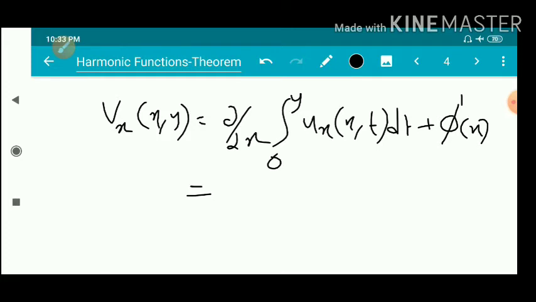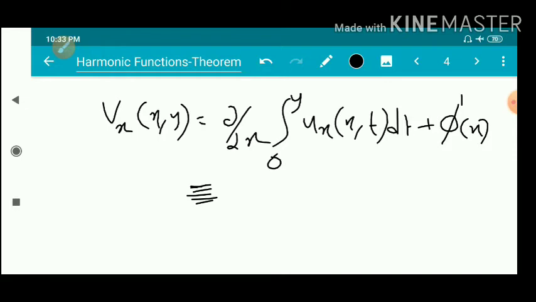Here we apply the Leibniz rule for differentiation under an integral sign. That is used for partial differential equations, which you can study in module 3, named integral equation.